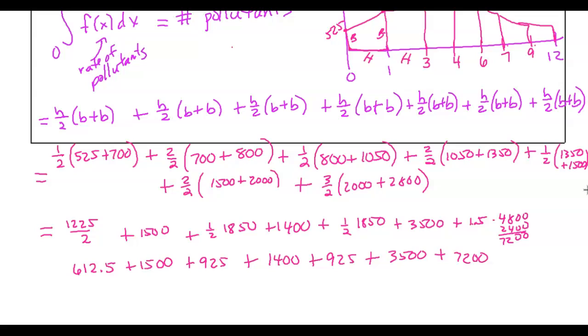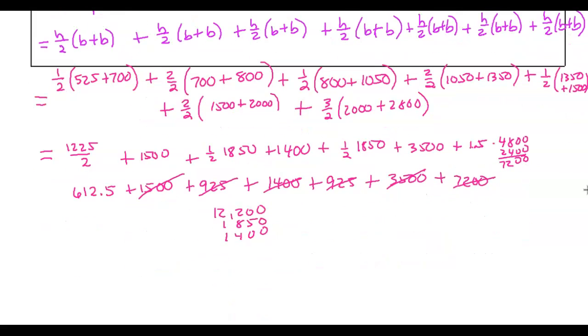Okay, big math. So let's start adding some together. So I get, that's 5,000, 12,200, 1850, 1400, and then 612.5. I'm literally just adding the old-fashioned way. This is where I totally make errors, but 10, 10, so 20, 2, 4, 5, 6, and 1.